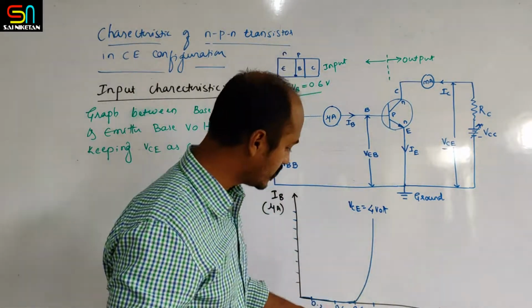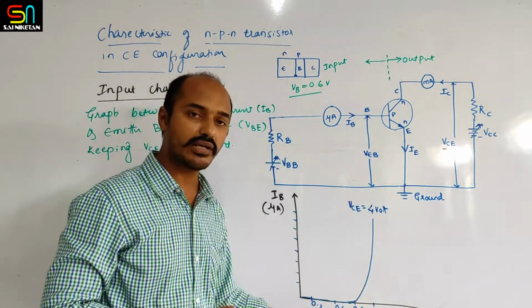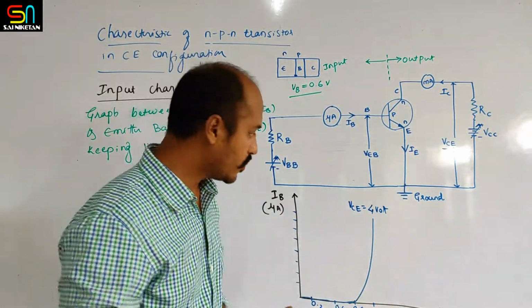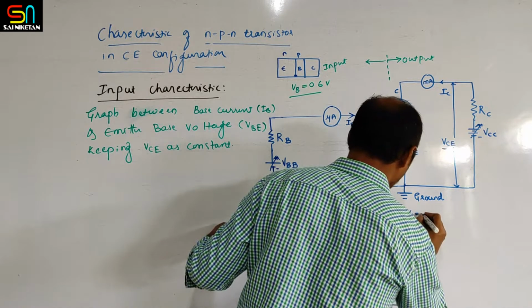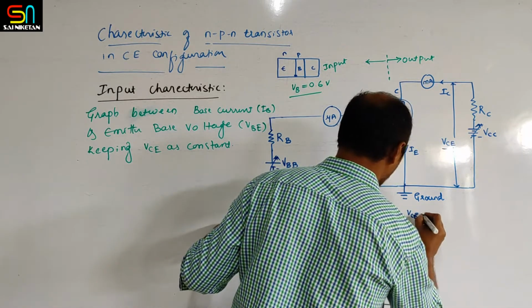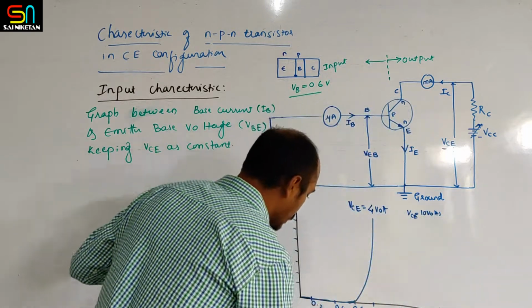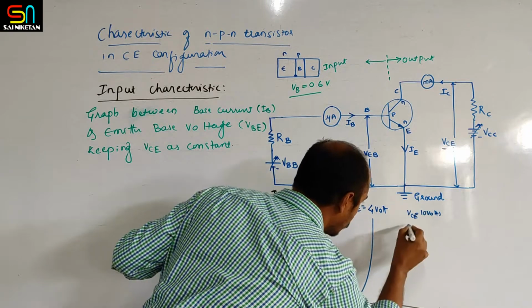What will happen? Whether this 0.6, the barrier potential, decreases or increases? If you make VCE equal to 10 volts, then the curve will become like this.